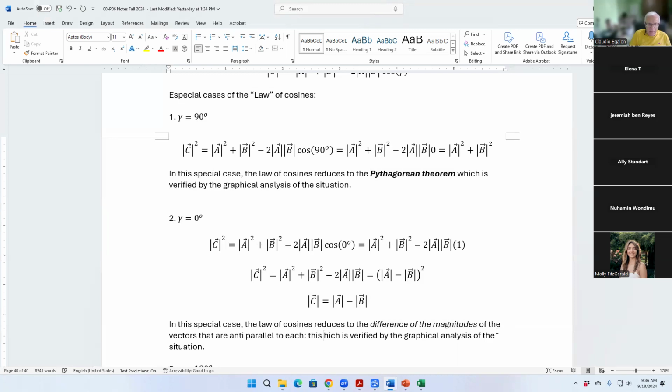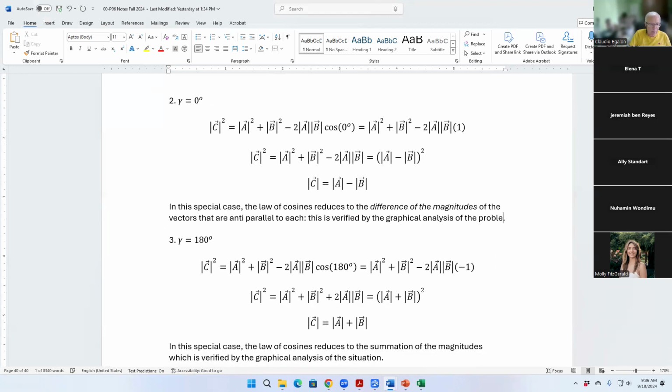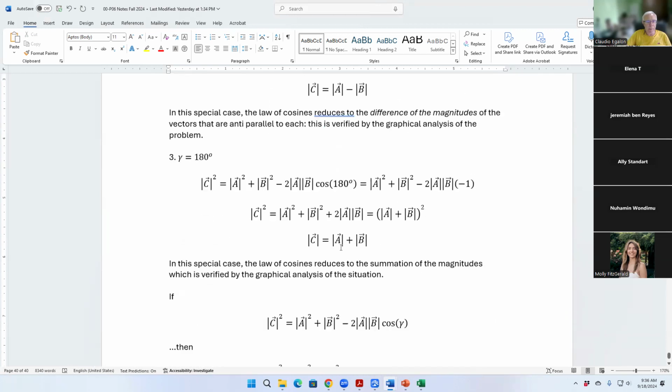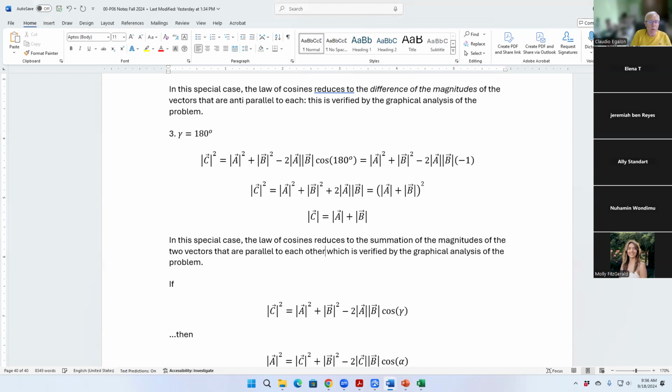This is verified by the graphical analysis of the problem. The magnitudes of the two vectors that are parallel to each other. This is verified, right?